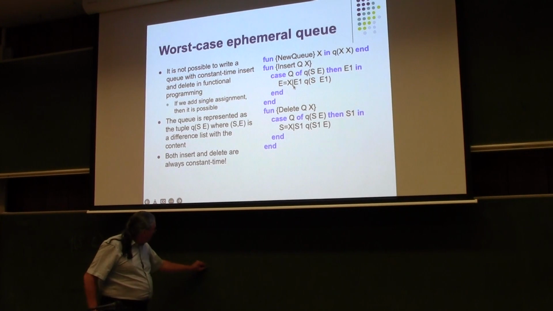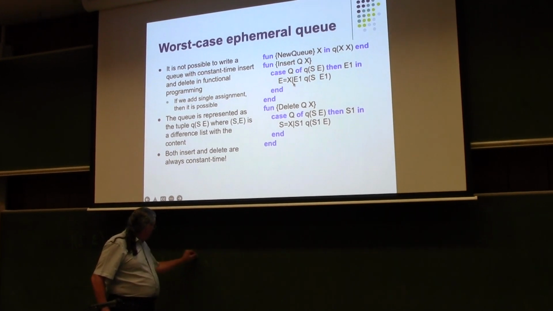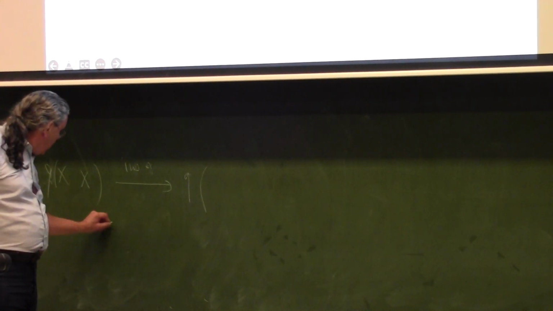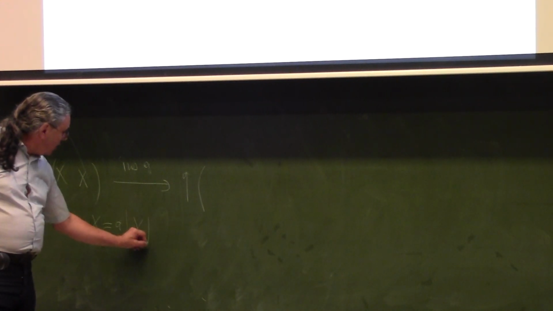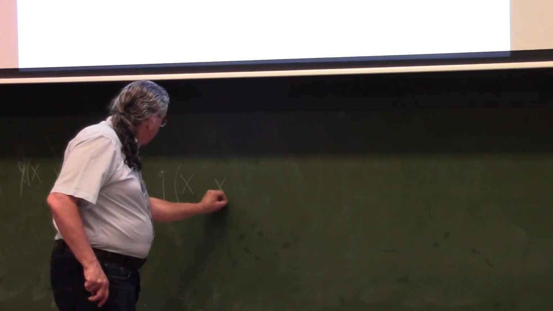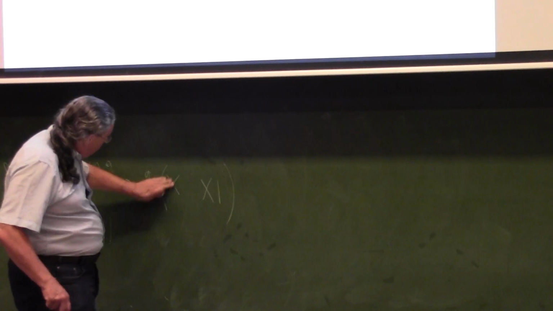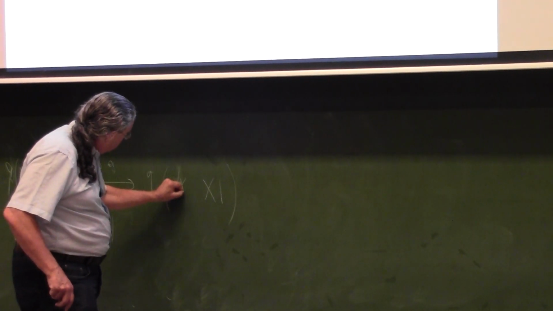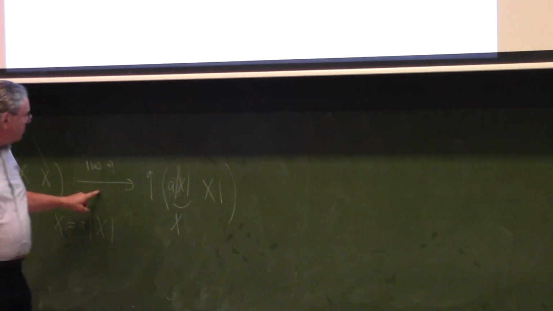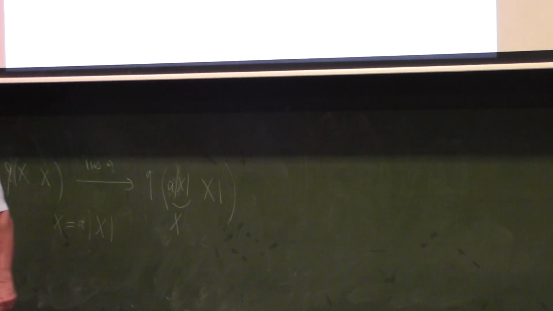So if I do an insert A, then the queue is going to be represented by a new difference list, S E1. E is X here, so I bind X to A X1. This gives me A X1, X1.